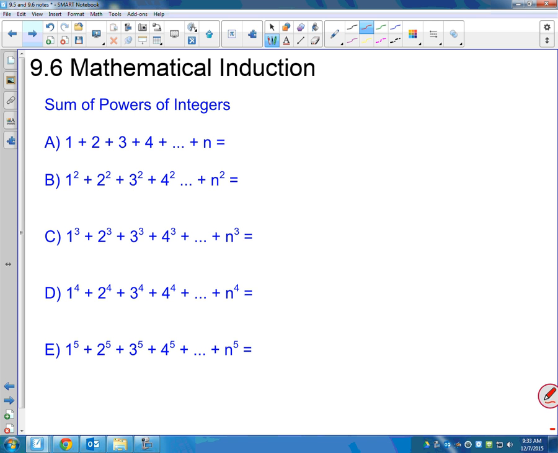And it is, if you take n times n plus 1, and you divide by 2, you can add up consecutive integers. So if I said add up 1 to 100, you could take 100 times 100 plus 1 and divide by 2, and it'll give you the sum of those integers.